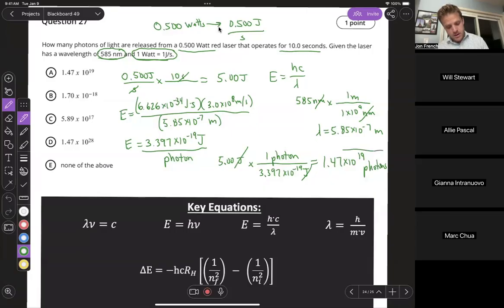A large number, because photons are really small, their energy is really small. They're hitting us all the time and we don't feel it because they have incredibly small energy. And that's why we need an incredibly large number to make up that 5 joules of energy. All right, any questions on those?